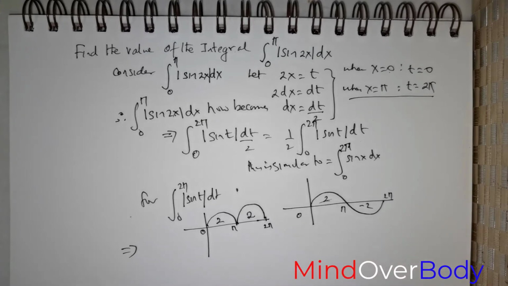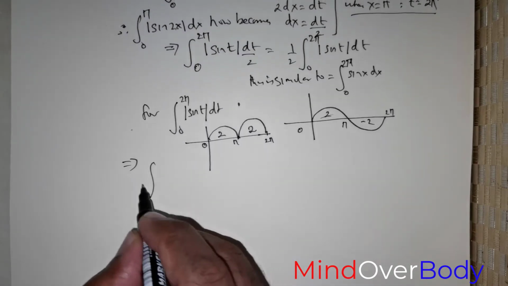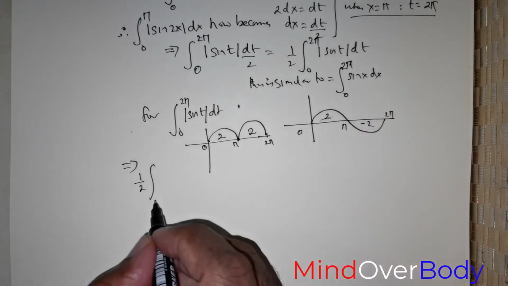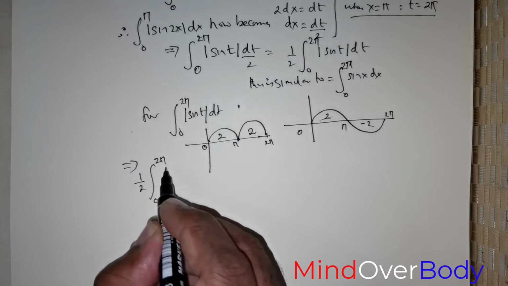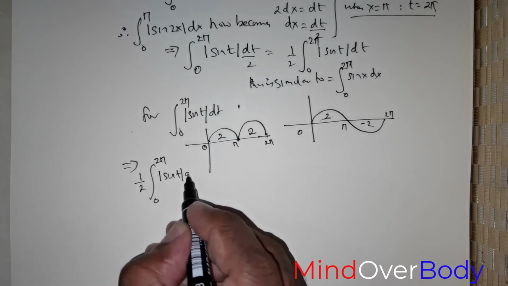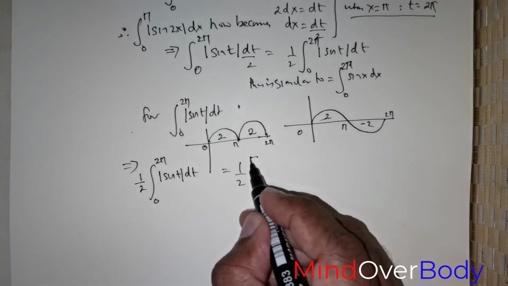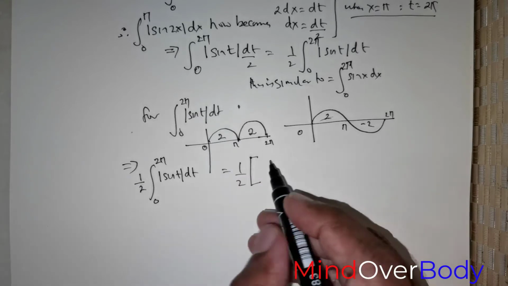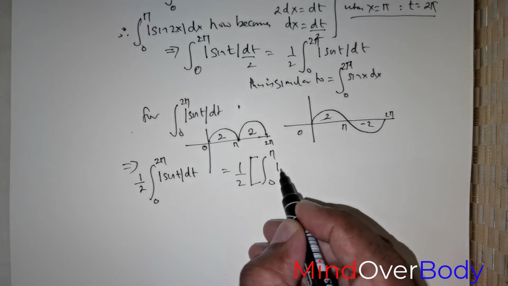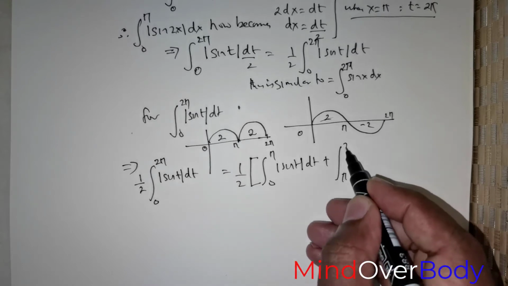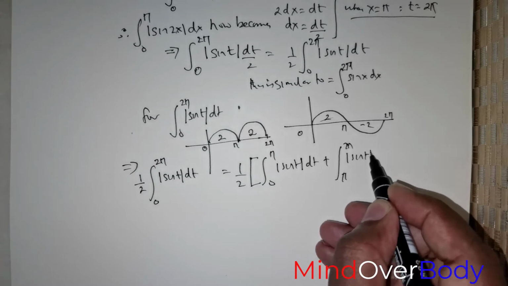So this would mean, of course there is a 1 over 2 there, which we have obtained here, integral 0 to 2 pi modulus of sin t dt is equal to 1 over 2 times, if I were to split this, 0 to pi modulus of sin t dt plus pi to 2 pi modulus of sin t dt.